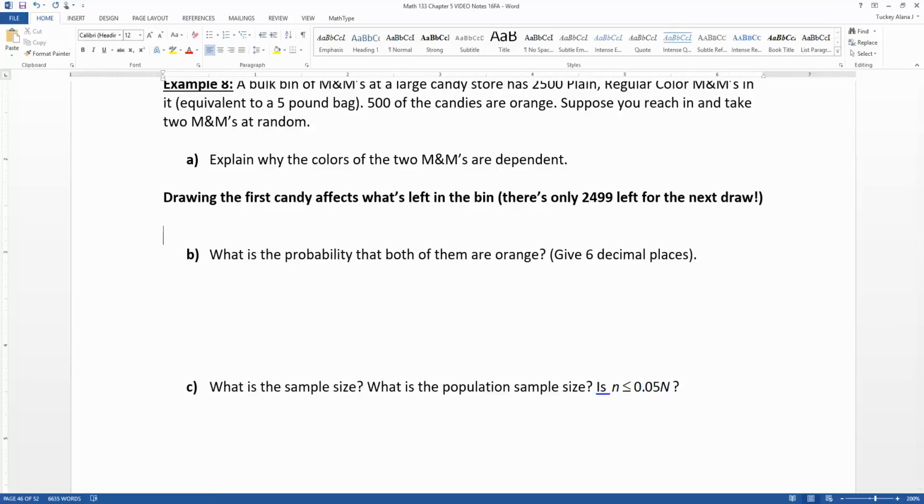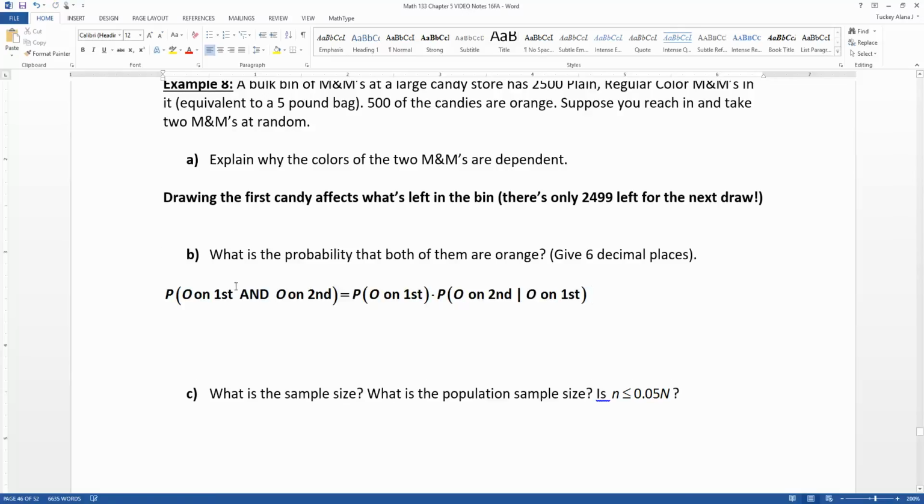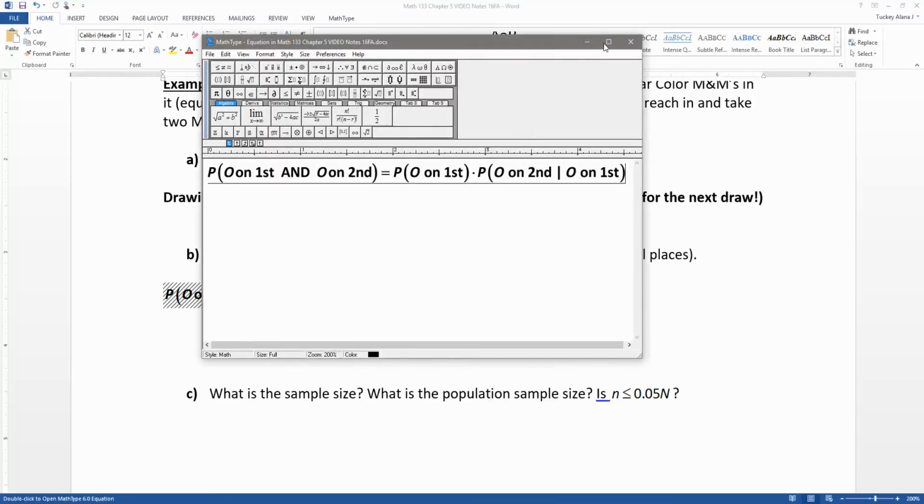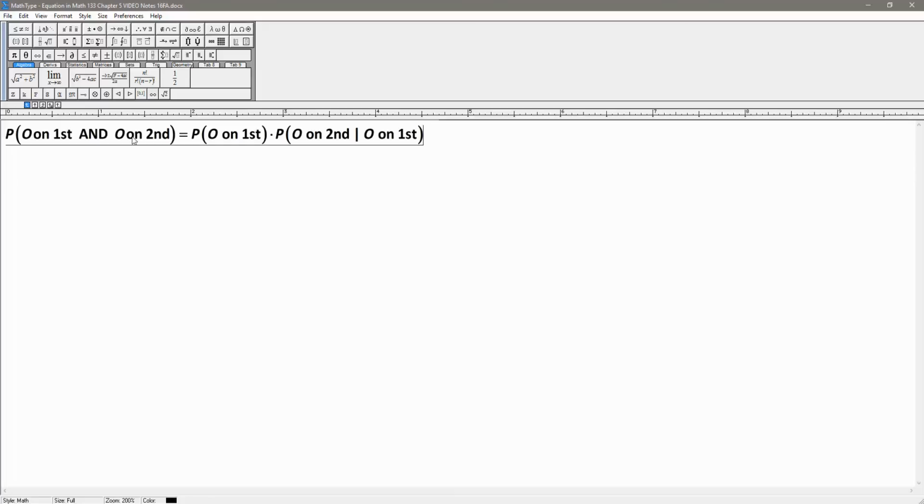So let me type that up. I want an orange on the first and an orange on the second. According to the general multiplication rule, that's the probability of an orange on the first one times the probability of an orange on the second one, given that I've already drawn an orange on the first.